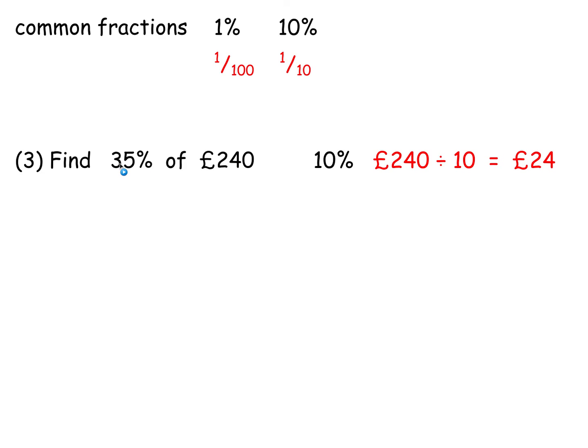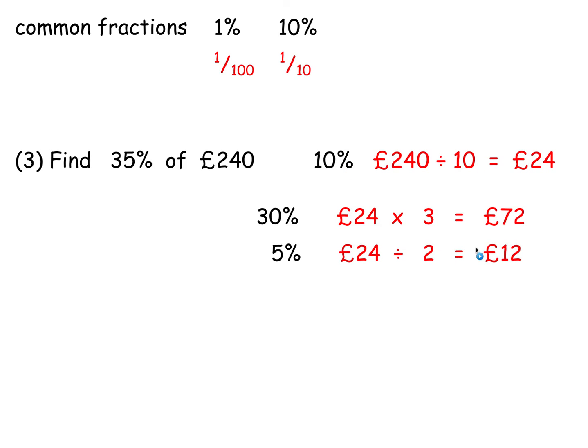Then we can get 30%, which is 3 lots of 10%, so 3 times that £24. For 5%, it's half of 10%, so you can half that £24. We've now got what 30% is, and we've got what 5% is. We just add these together, and that tells us what 35% is, £84. So it was 3 lots of 10%, half of 10%, and add the two parts together.